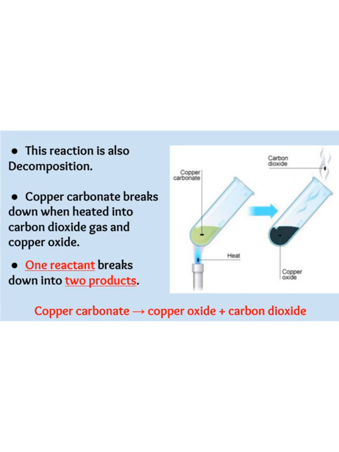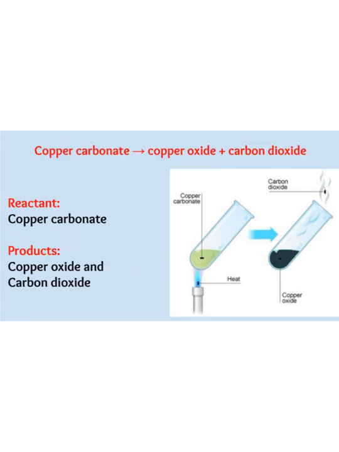Another example of a decomposition reaction is copper carbonate, which is broken down into copper oxide and carbon dioxide. Copper carbonate breaks down when heated into carbon dioxide and copper oxide. I've started from one reactant, which is copper carbonate.